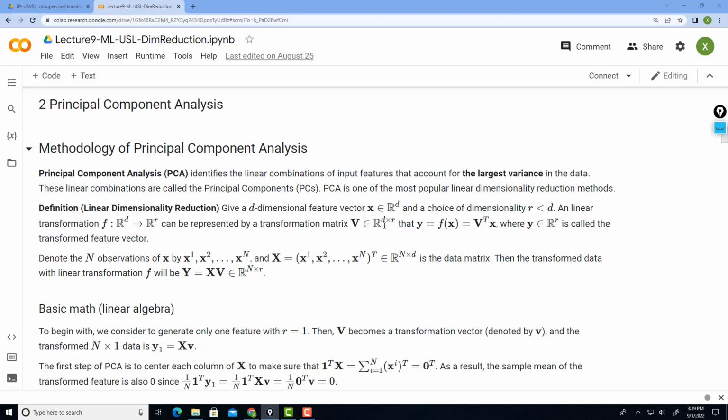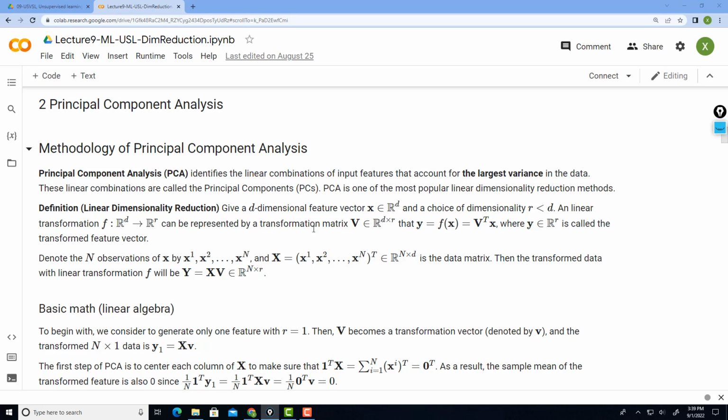Here are the potential mathematical notations for principal component analysis. Again, principal component analysis is a linear dimension reduction method. This X here is the original input feature vector, which is in D-dimensional space. We are going to find a subspace with dimension R, which is definitely going to be less than D. We are trying to find this linear transformation function F from the original input feature space to the reduced subspace.